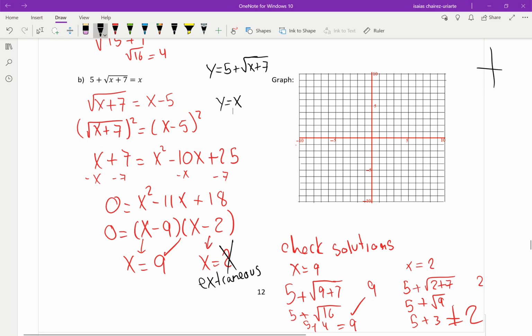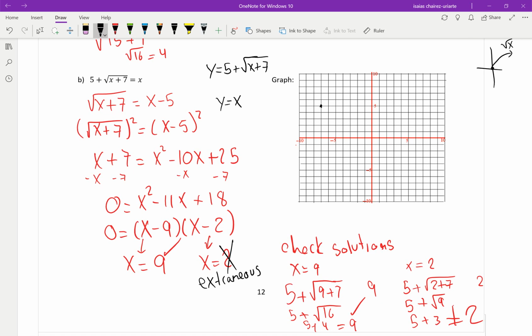That's my parent function. What this 5 out here does to the parent function is it raises it up 5 units. What the x plus 7 does is it shifts it to the left 7 units. So shift to the left 7 units, up 5 units. That looks something like this.